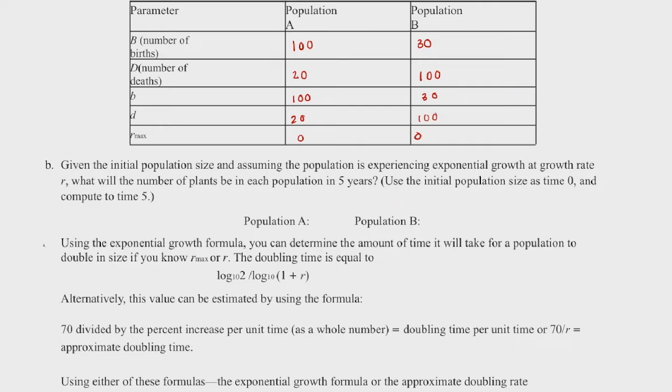So we talked about earlier the change in number of individuals over change in time is equal to R max with N. And if it's exponential growth rate, we would just say that R is 1.